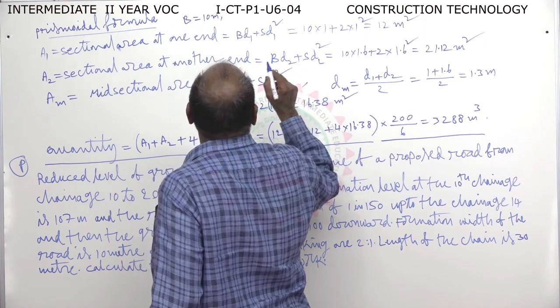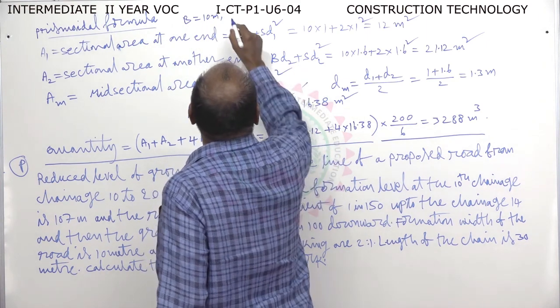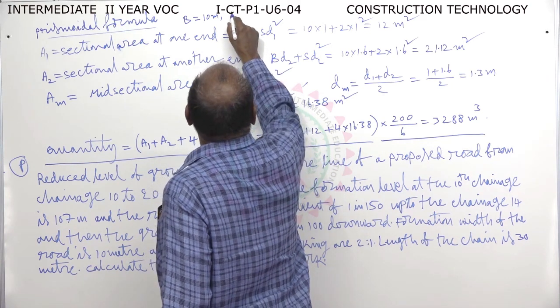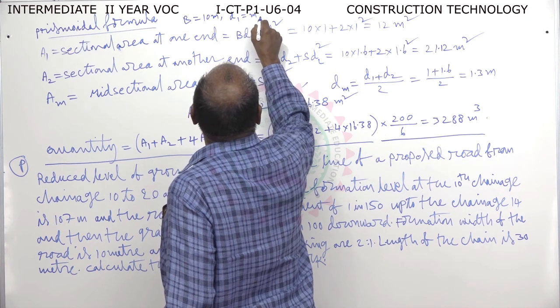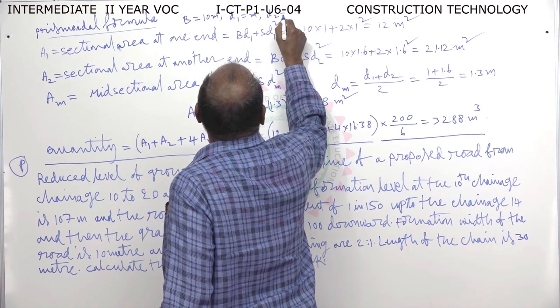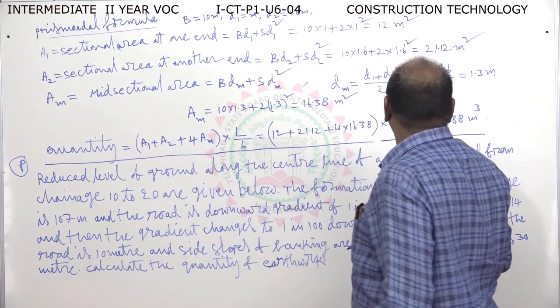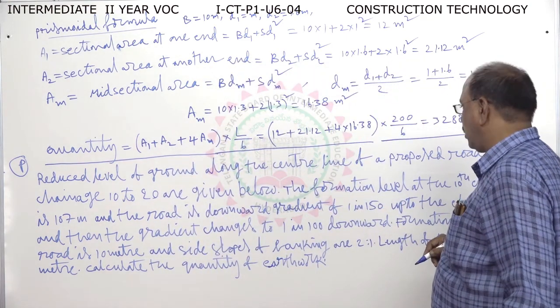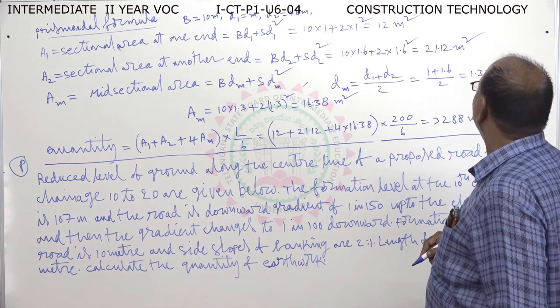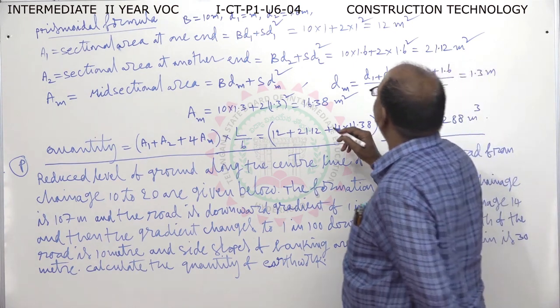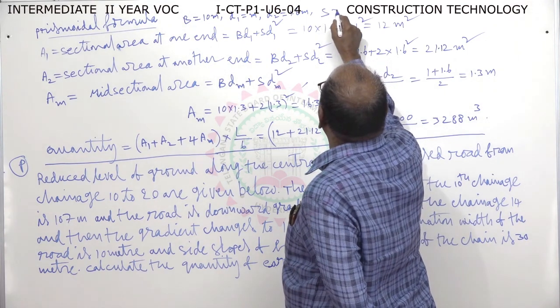Then D1 is equal to 1 meter. D2 is equal to 1.6 meters. S is equal to 2 meters side slopes.